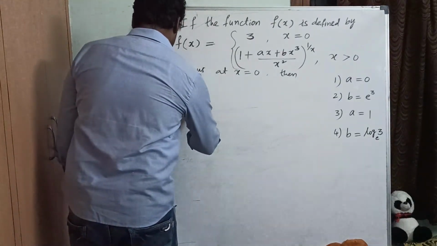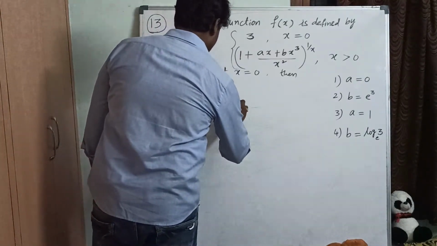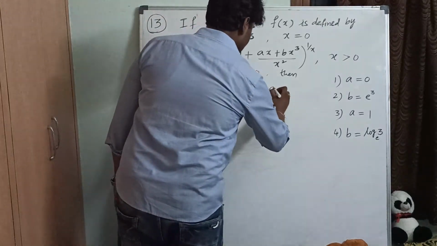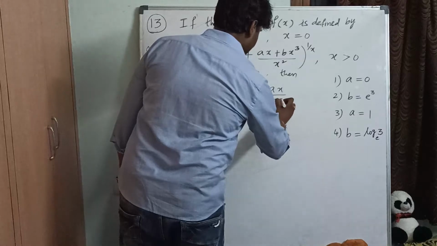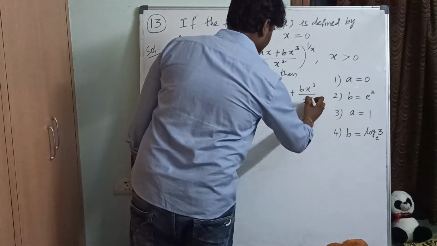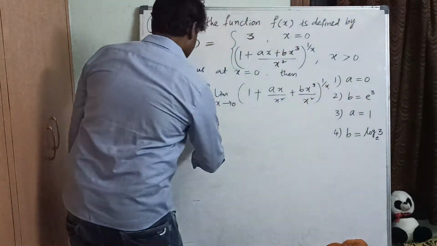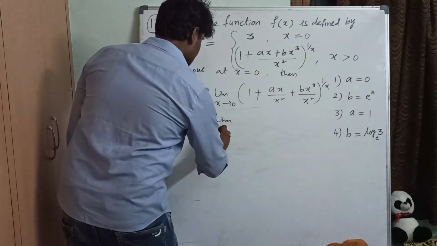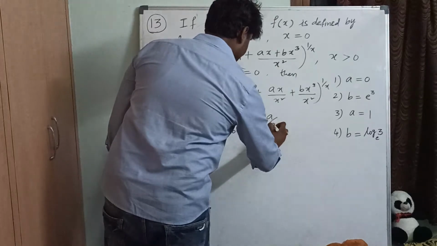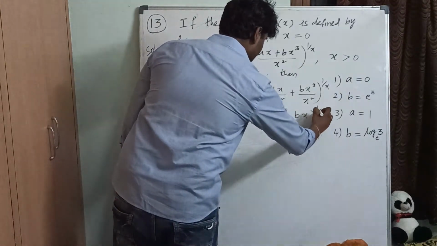f of x I can write. So limit x tends to 0, (1 plus ax by x square plus bx cube by x square) whole power 1 by x. So limit x tends to 0, now (1 plus a by x plus bx) whole power 1 by x.